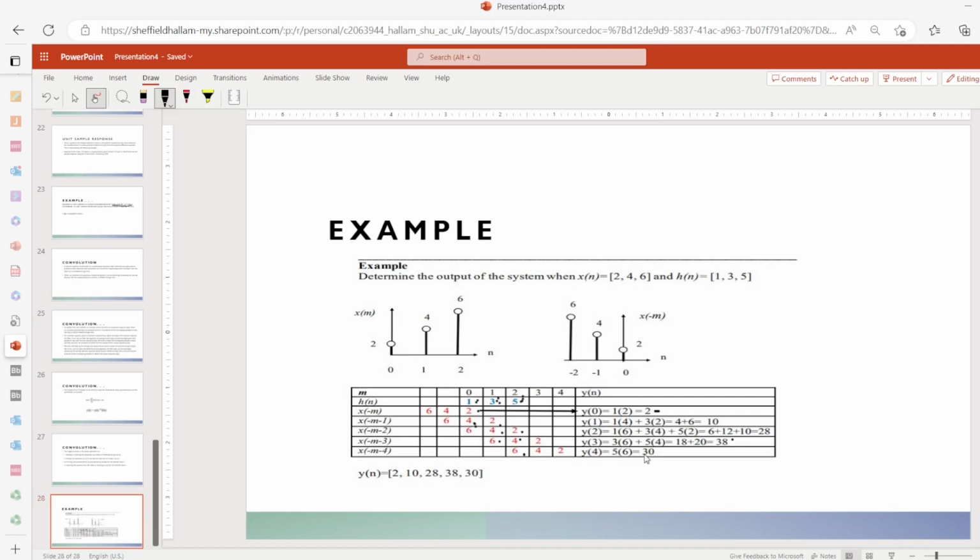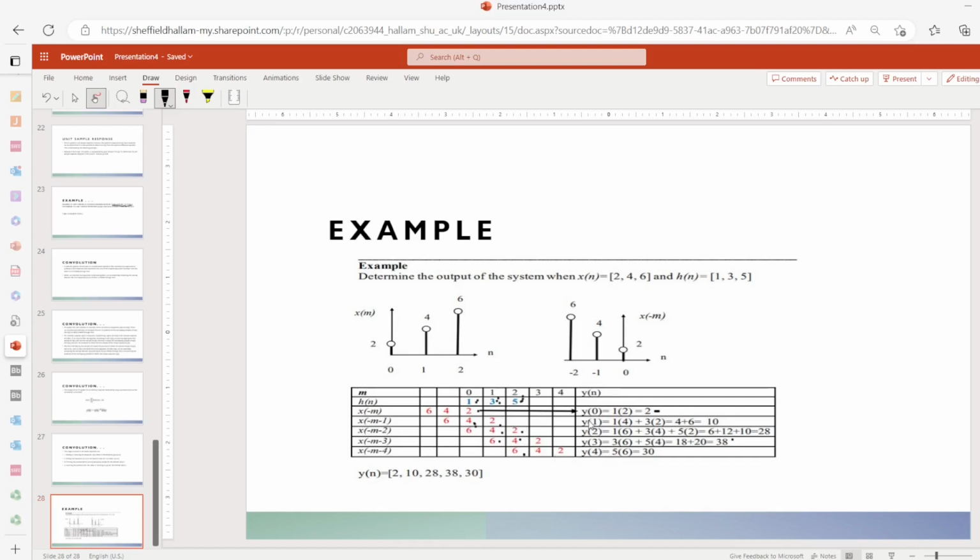So what we are doing here is summing the products of each and every value of the input signal with the system response as it shifts in time n.